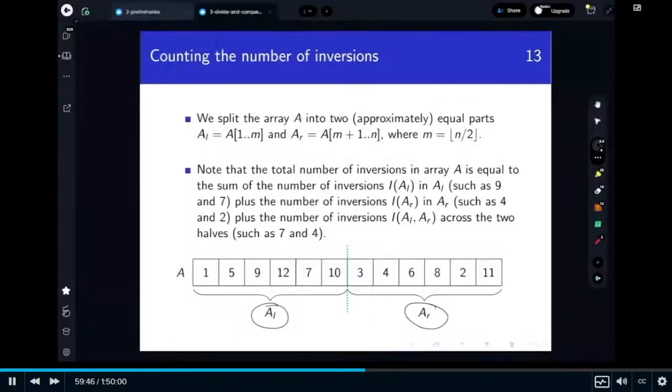Okay, let's continue. I think counting the inversions inside AL and AR is quite easy if we continue our divide and conquer approach. Counting the number of inversions across seems challenging.